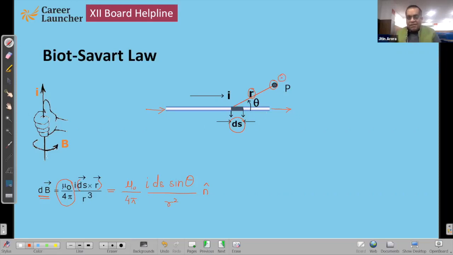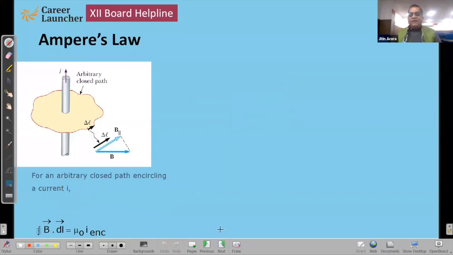So this is how the magnetic field would be denoted by the dot. Dot का मतलब होता है outward direction, cross का मतलब होता है inward direction. So this is the basic of the Biot-Savart law.